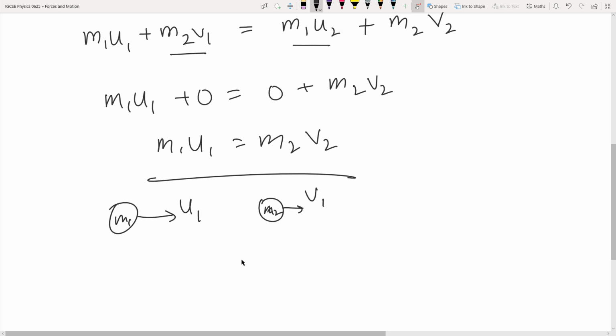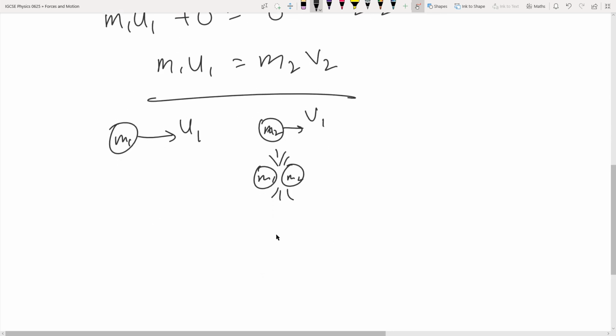And they collided. Since m1 was traveling faster, it's going to bump in from the back, and then m1 is going to be moving with a smaller velocity, and m2 is going to be moving at a much faster rate.